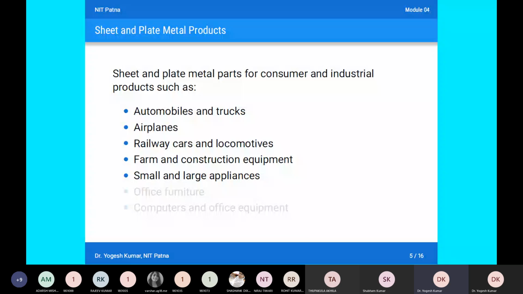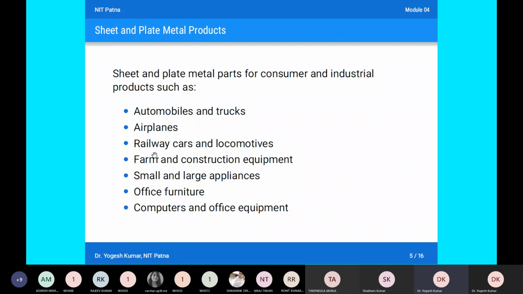You can find many components in your houses also which are produced using sheet forming processes. You can find these sheet forming products in office furniture, computers and office equipment. In your computer itself, you can see a lot of sheet metal work.